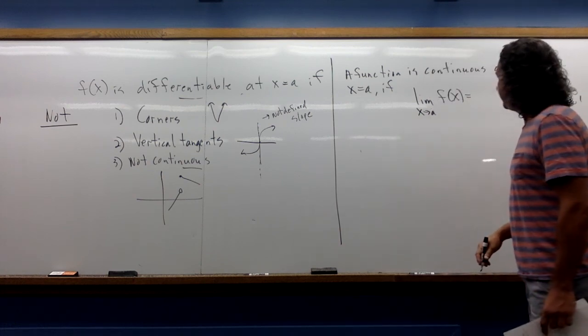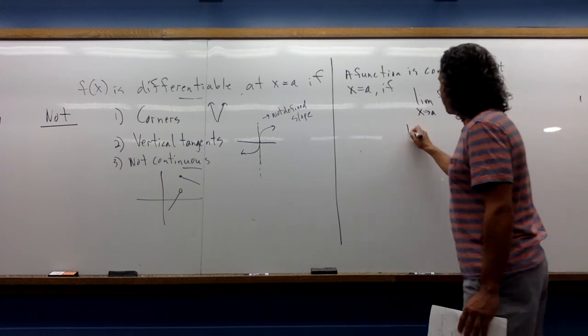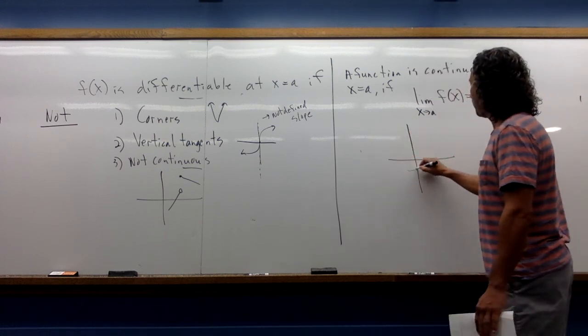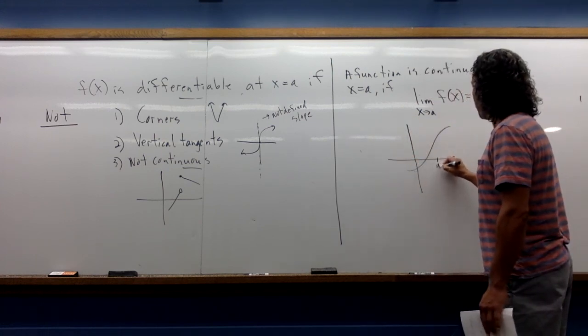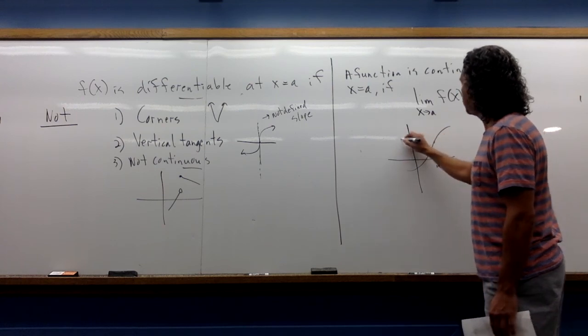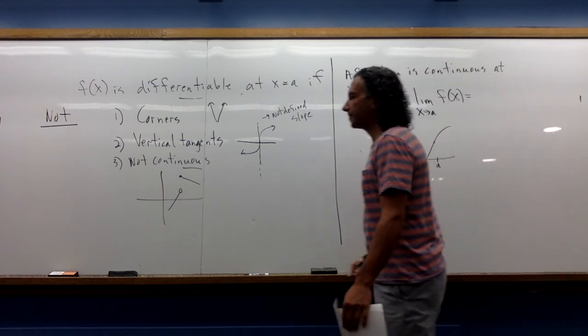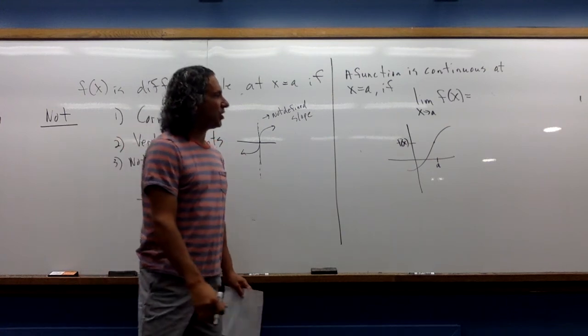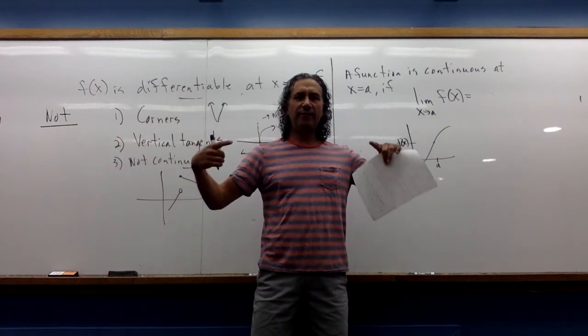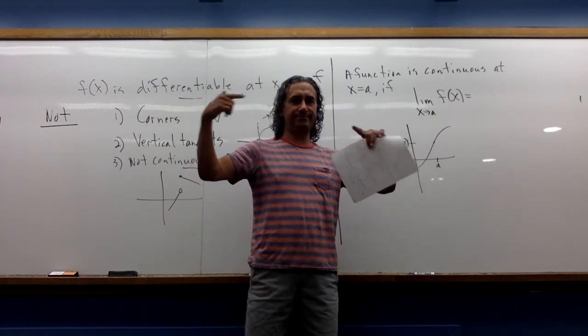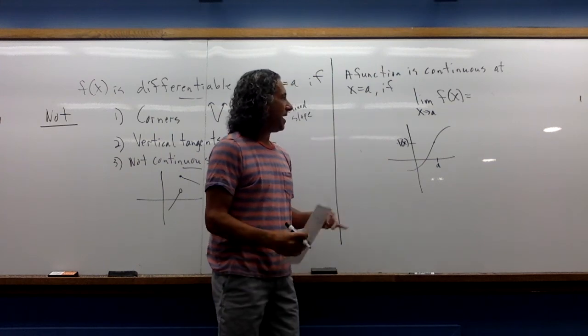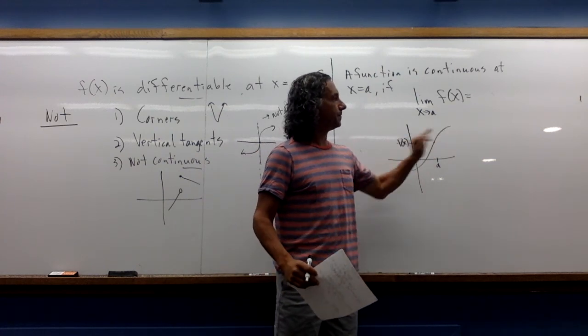well, let's see. Let's draw something that's continuous, again from our thinking about it from pre-calc. From my picture, as I move in from both sides, I can compute the limit.